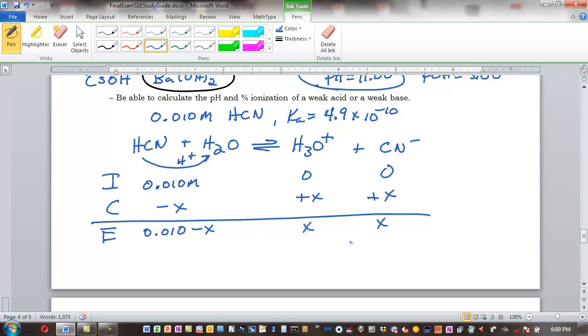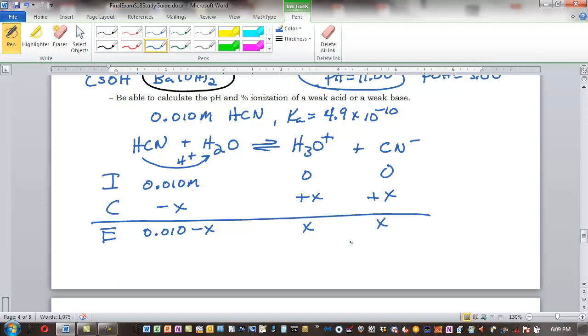I think the ICE tables for weak acids and weak bases are pretty straightforward. So what do we do with those equilibrium values? Set it equal to the Ka.